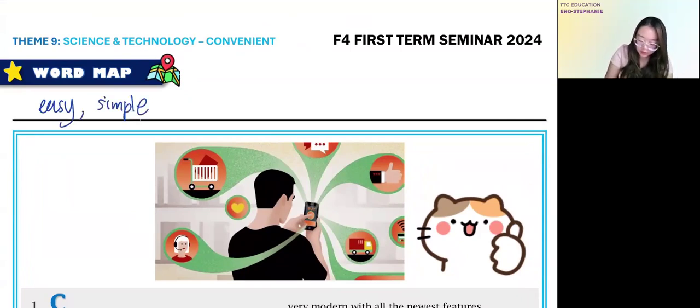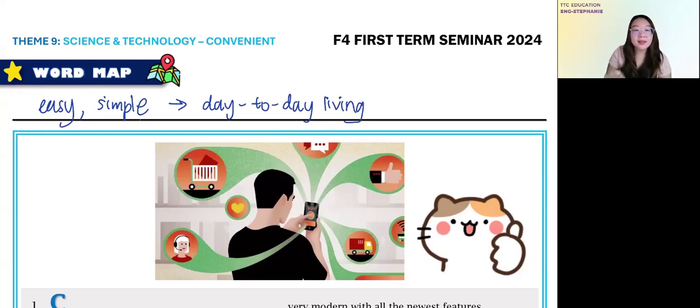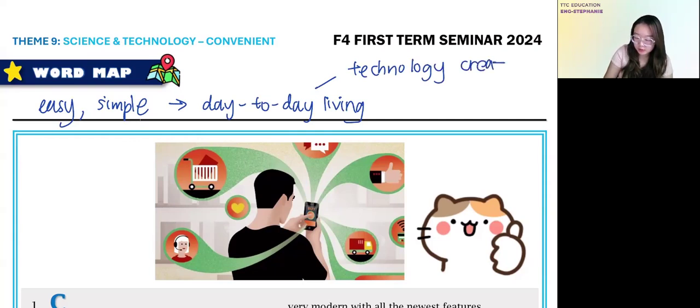And it is very important for your day-to-day living. Okay, so what are the things that can bring you convenience? Definitely for now, it's our technology creation, but I would say invention.